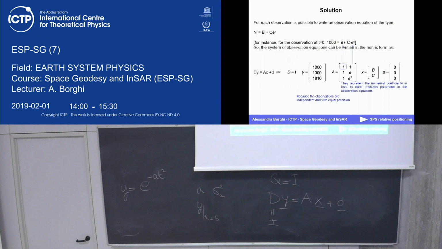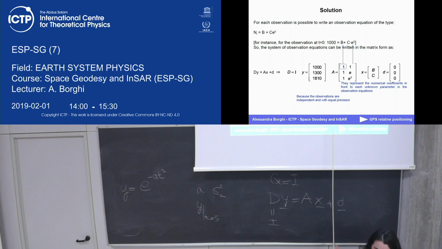The important point I want to show you before the break is this. You can also write code to compute all this matrix computation. It's not difficult. The only numerical problem you can have is in the inversion of the matrix. But it's really important that you can write the design matrix.